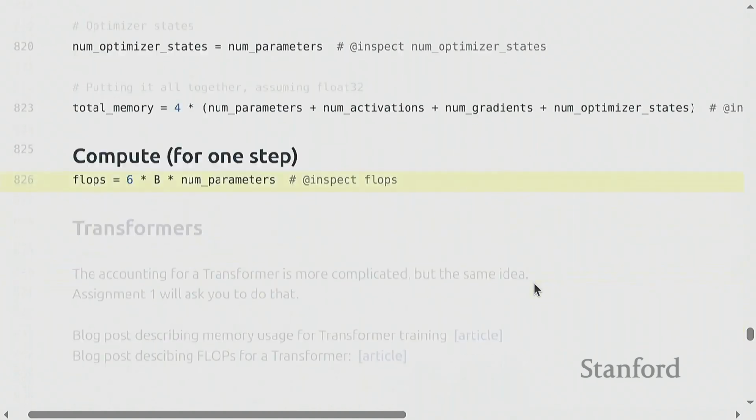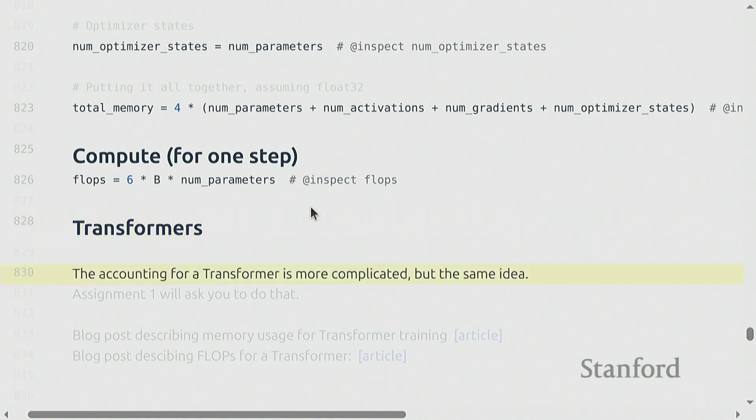Okay, and the FLOPs required, again for this model, is 6 times the number of tokens, or the number of data points, times the number of parameters. And that basically concludes the resource accounting for this particular model.